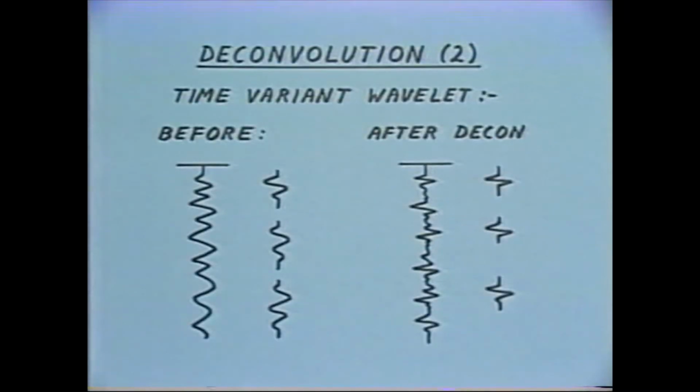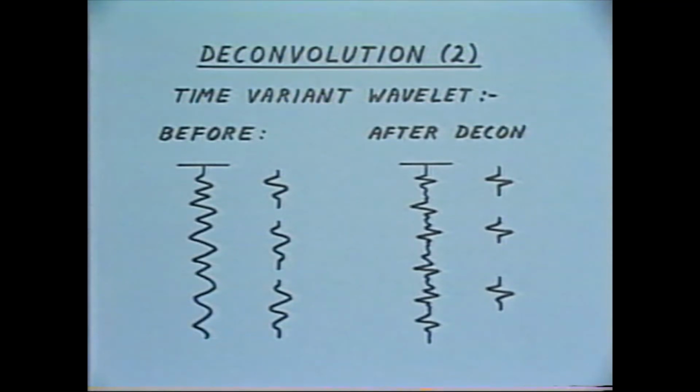Now, the reflection wavelet, as was explained in an earlier lecture, actually varies in its length down the seismic trace. This is because as it's traveled a longer distance through the Earth to the deeper reflectors, it always tends to increase in length with a greater distance that it's traveled.